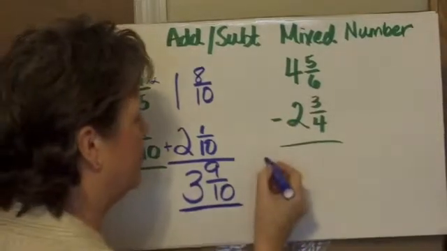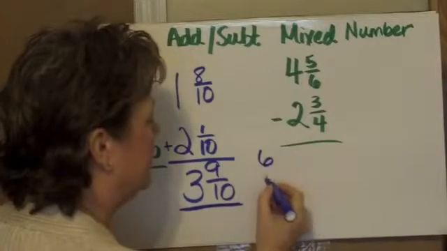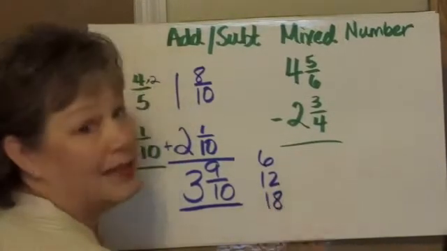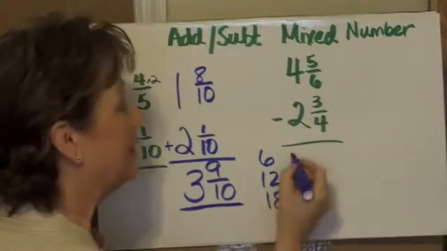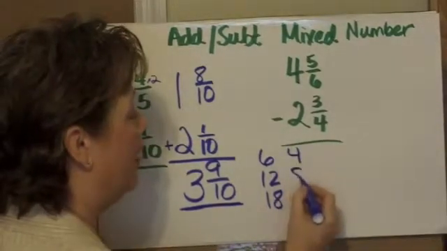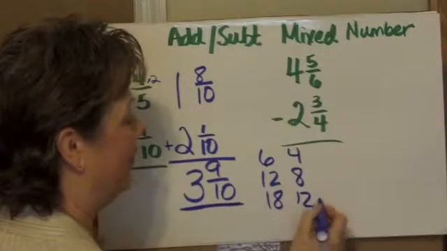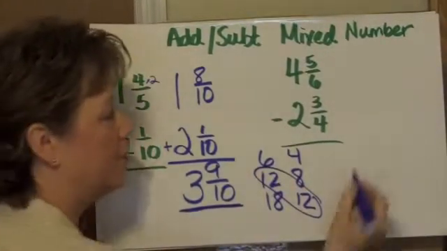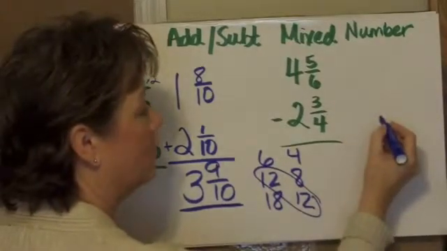So I'm going to start with the multiples of 6. 6, 12, 18. I already see my multiple. But I'm going to list them for us. 4, 8, 12. So my least common multiple, my new common denominator, is going to be 12.